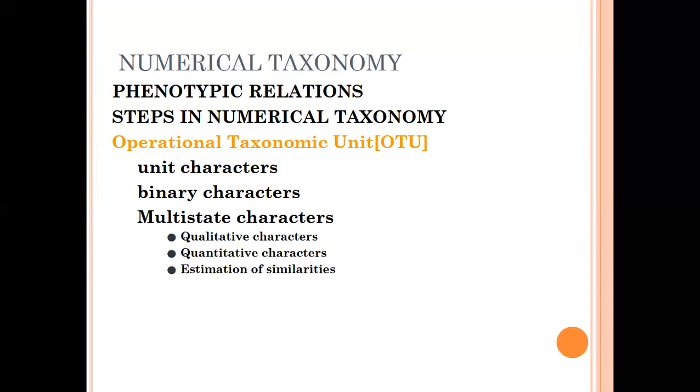The next one, estimation of similarities. The extent of similarity between pairs of OTU, operational taxonomic units, is known as estimation of similarity. It is based on comparison of two sets of characters.